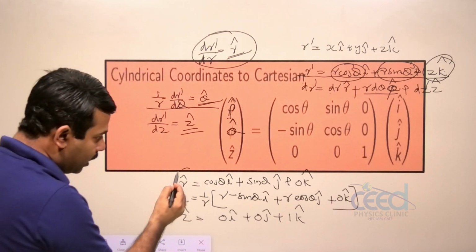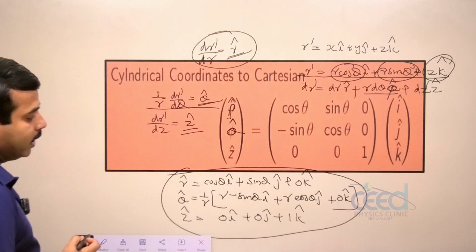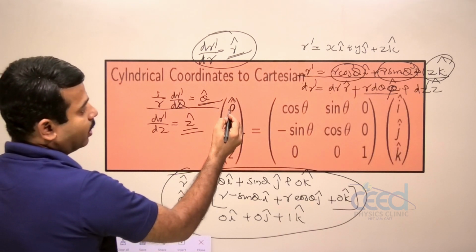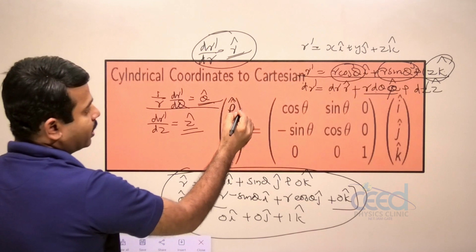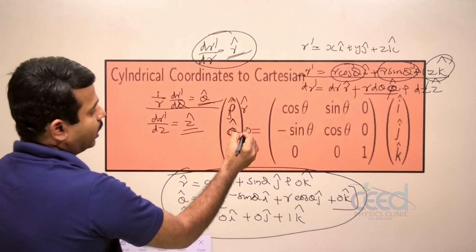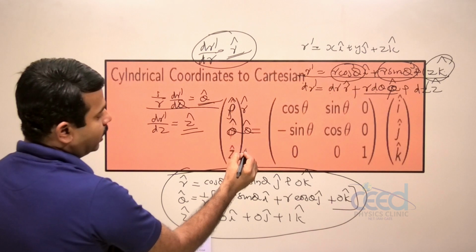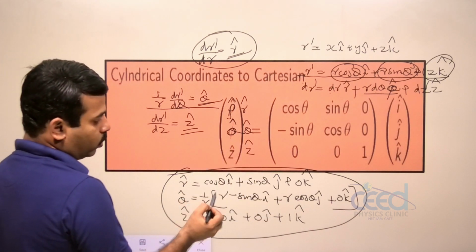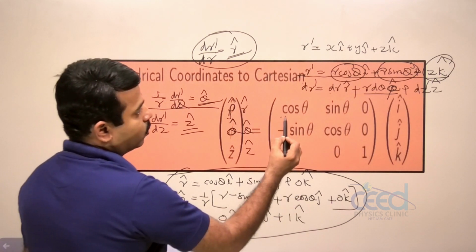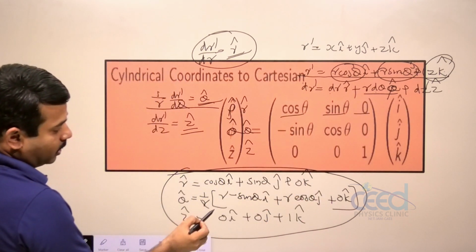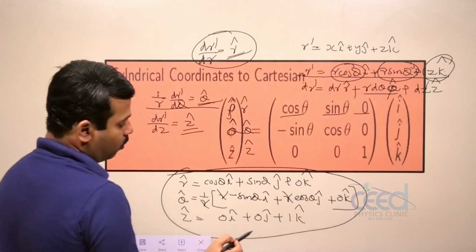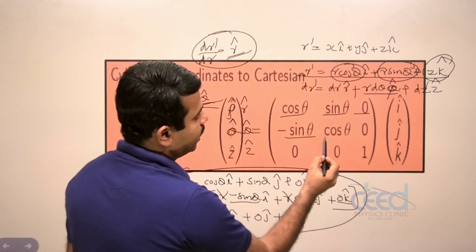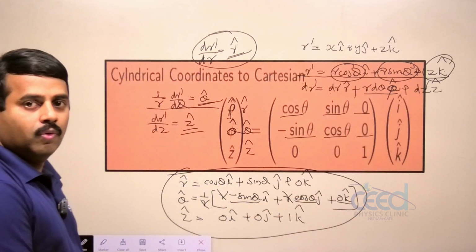Now this you can write as a matrix. Look here, here I am mentioning r cap, here θ cap, here z cap. Now check the coefficients: cos θ, sin θ, 0. Here this r remaining all cancel. Here minus sin θ, cos θ, 0.